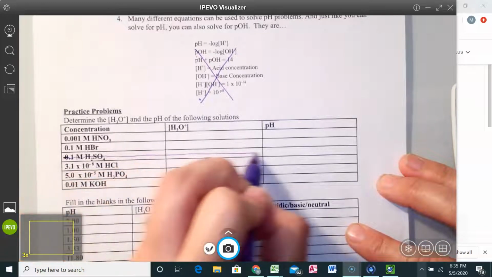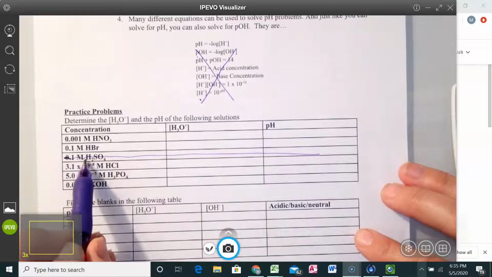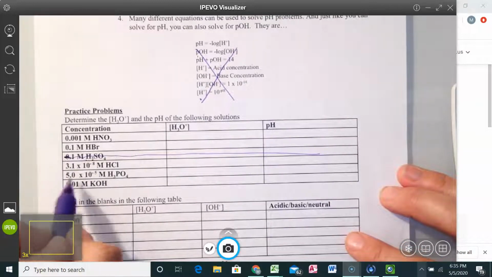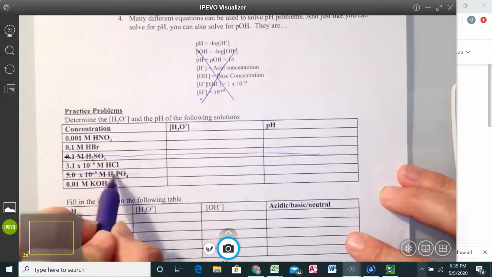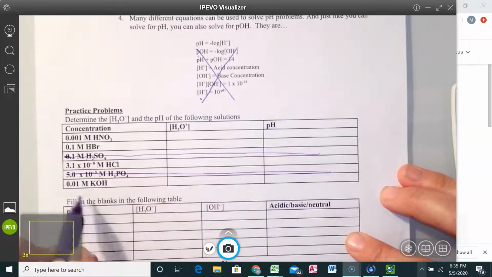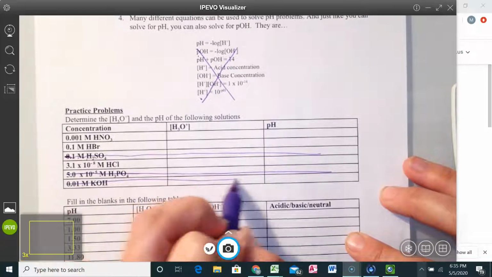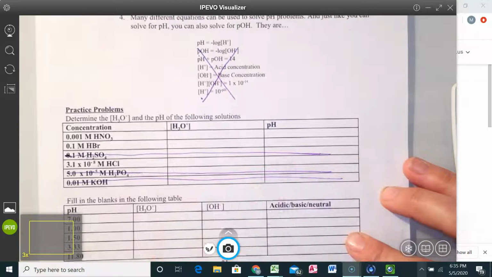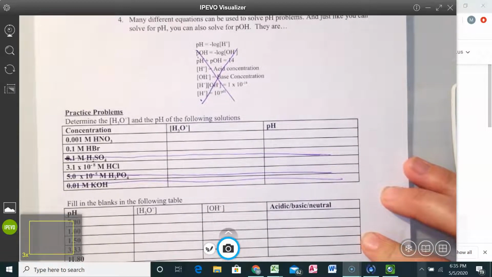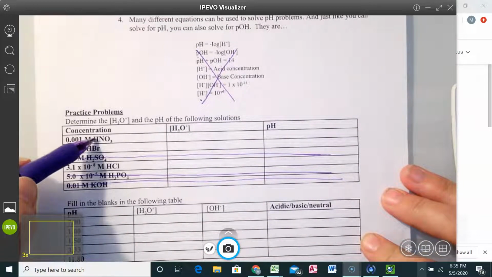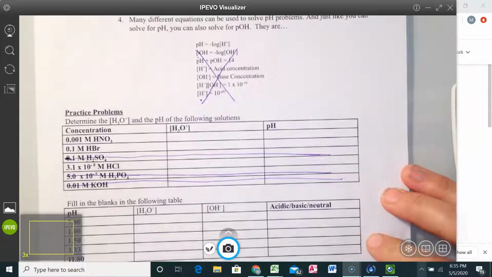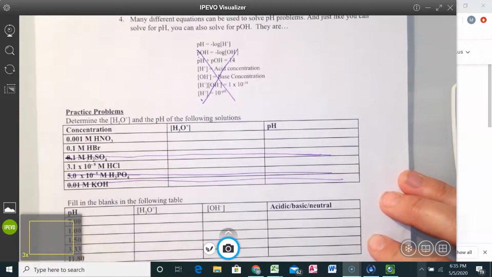So I'm going to have you mark out sulfuric acid as an example. And I'm also going to have you mark out these bottom two, phosphoric acid. Those are diprotic and triprotic acids, and we're not going to talk about those. We're going to talk about things that just release one hydrogen ion, and we're marking this one out because it's a base.